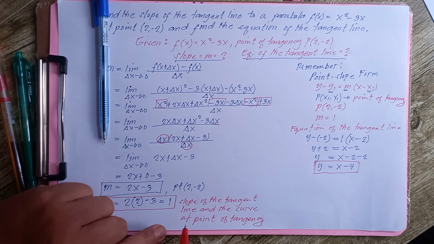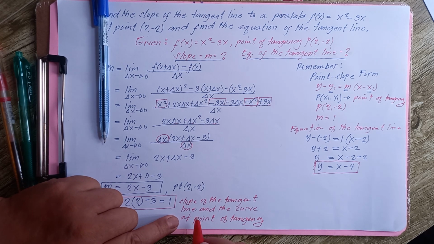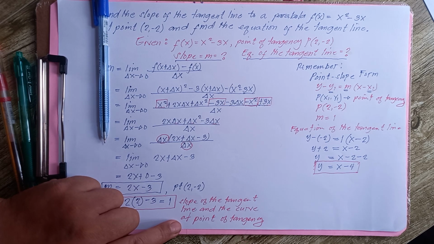So one is actually the slope of the tangent line and the curve at the point of tangency.